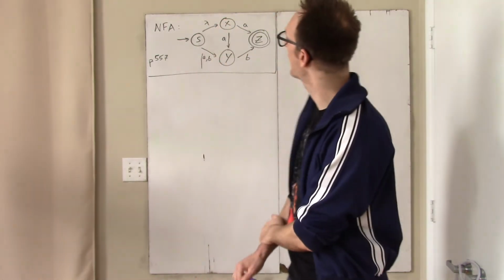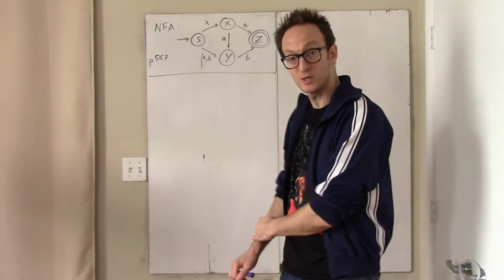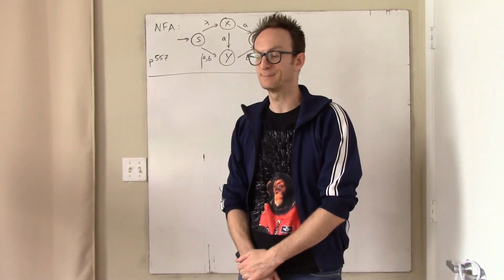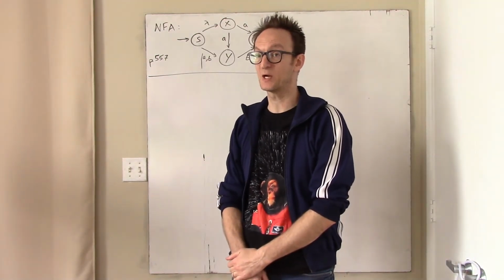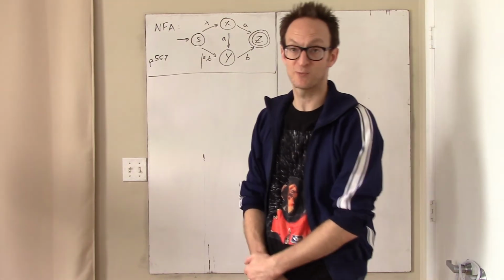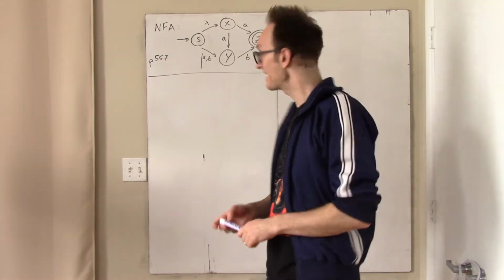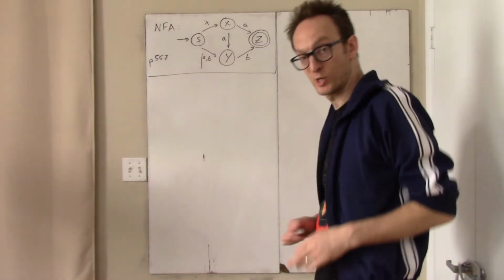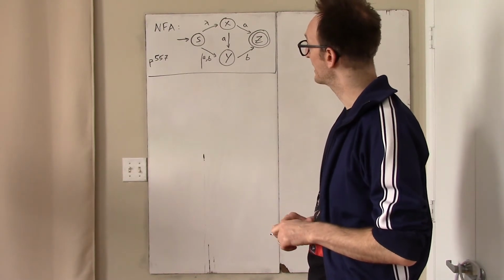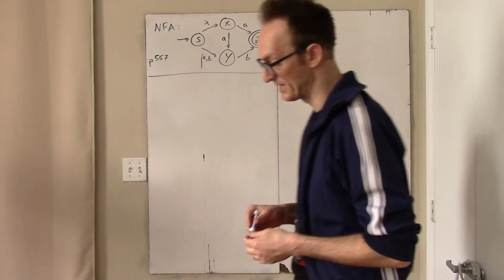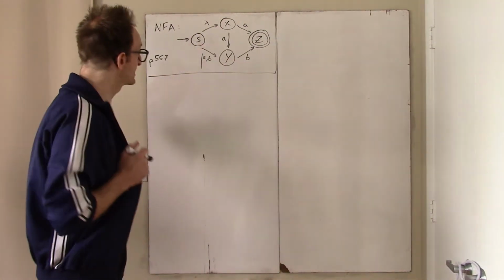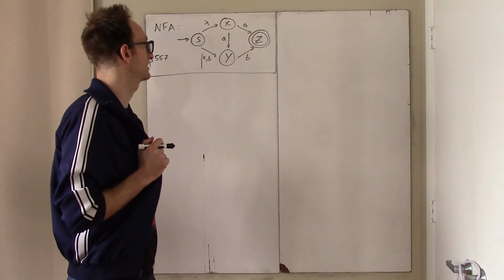But I really don't want to do that because there are 4 states, and that would require me making 16 states. And almost all of them are going to be useless and would get pruned at the end. Therefore, I'm going to do the more casual approach where we just make the states as we need them. For that we have to be a little more careful, but it's just going to be better.